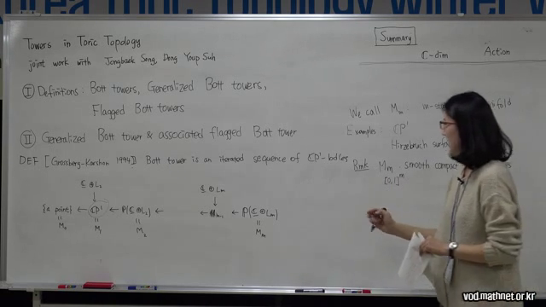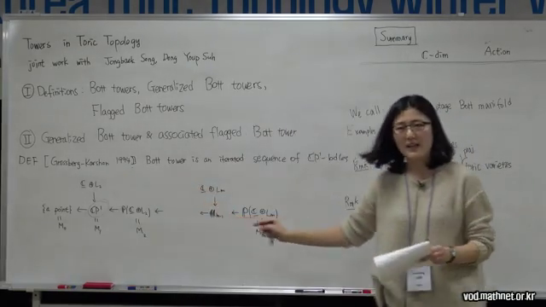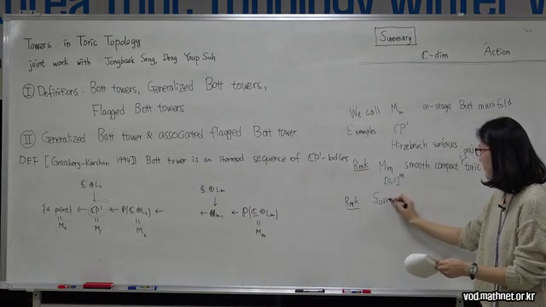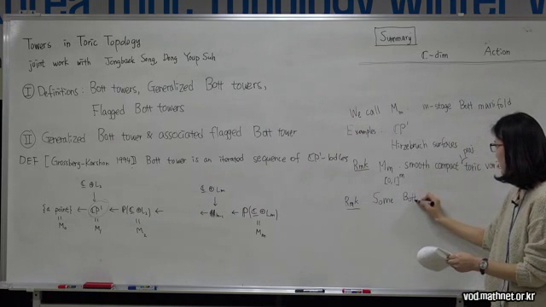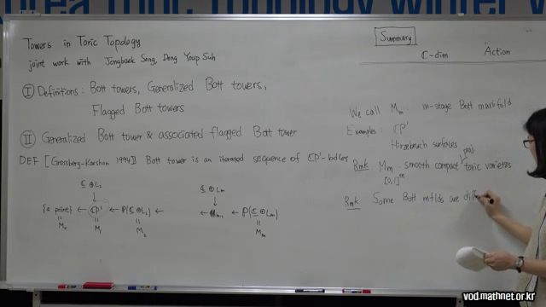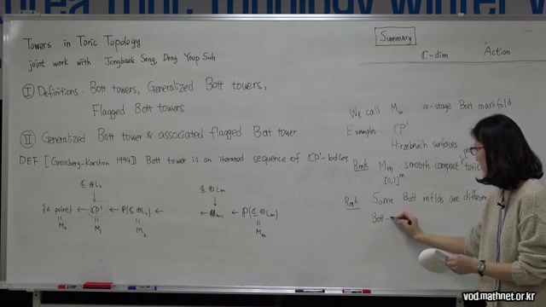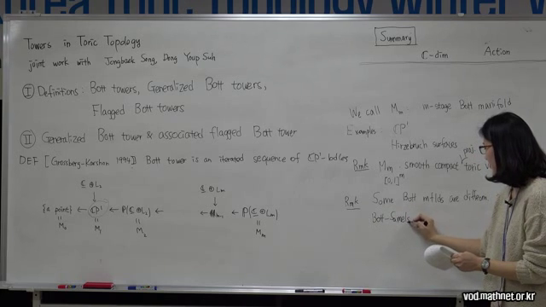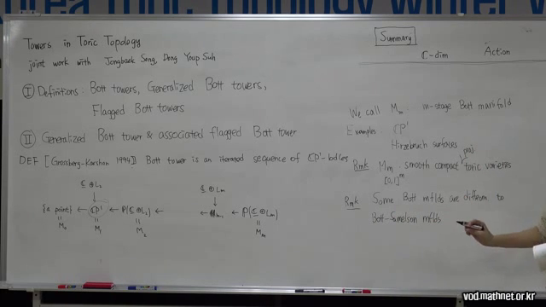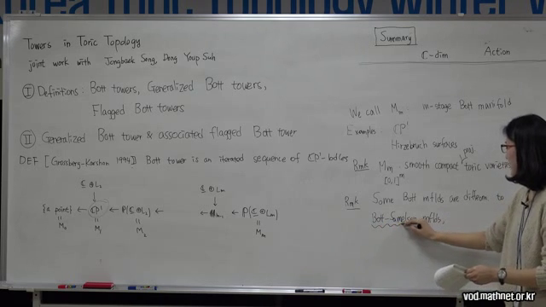And I just want to mention that in their paper, they consider Bott towers because of this reason. Some Bott manifolds are diffeomorphic to Bott-Samelson varieties, Bott-Samelson manifolds. Those Bott-Samelson manifolds play an important role in representation theory.